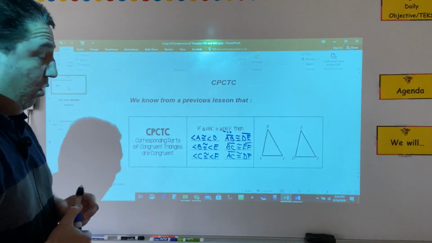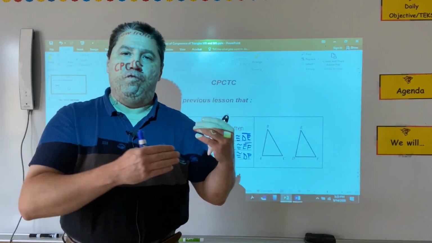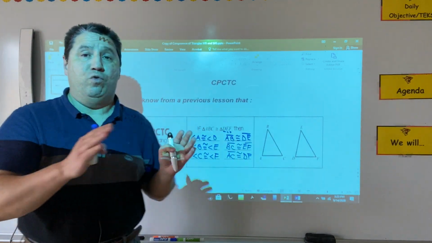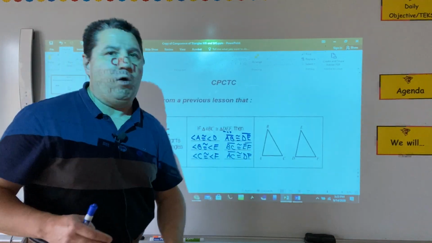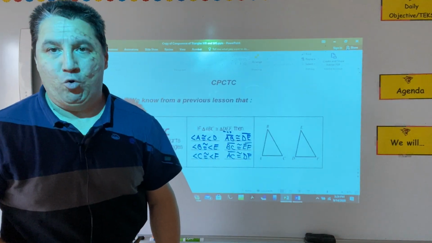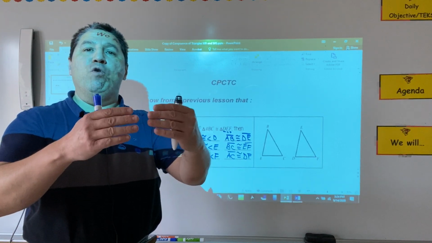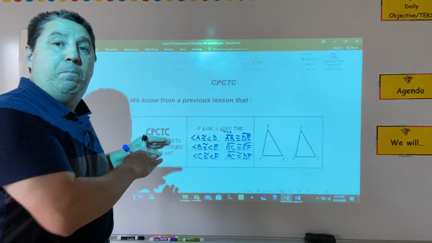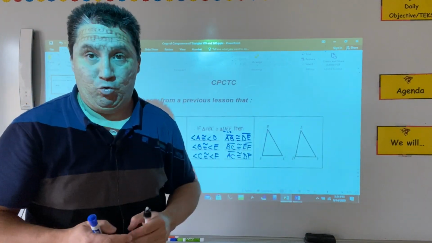Good. Now, the good news is, in order to prove two triangles are congruent, we don't have to prove all these corresponding parts are congruent. It's enough if we come up with a combination of parts in order to prove 2 triangles are congruent.